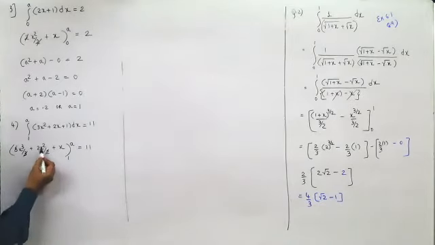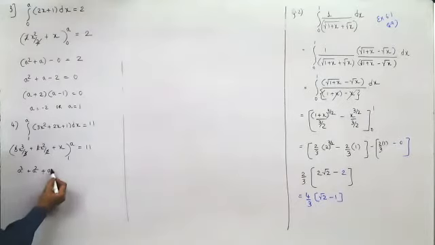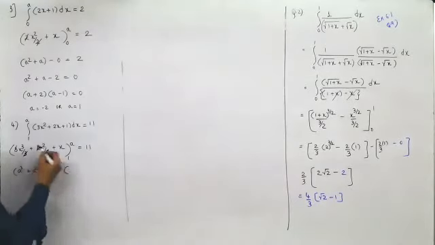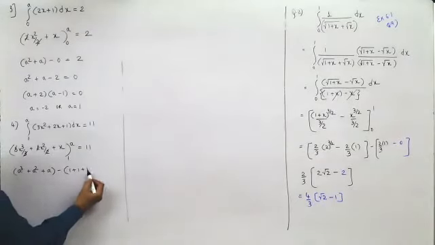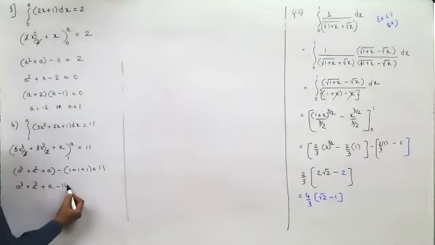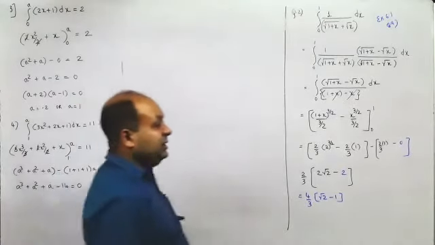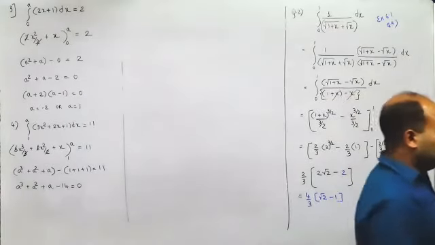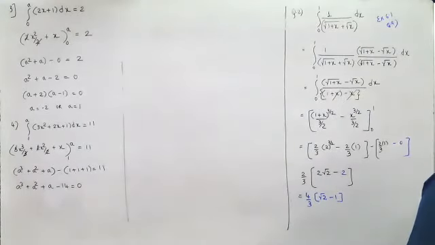Now this and this get cancelled. When I substitute, I'll get a cube plus a square plus a, minus 1 plus 1 plus 1, is equal to 11. So I'll get a cube plus a square plus a minus 14 equal to 0. Now, whenever you get a cubic equation, you will have to find the first root by using.